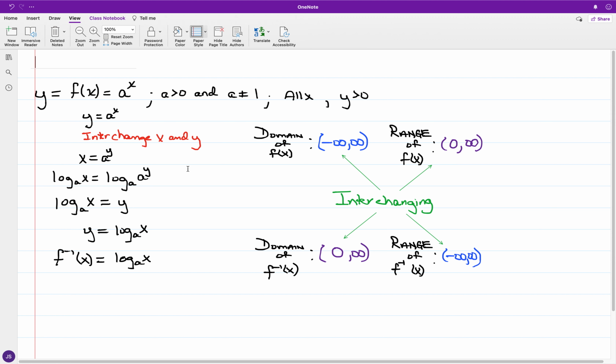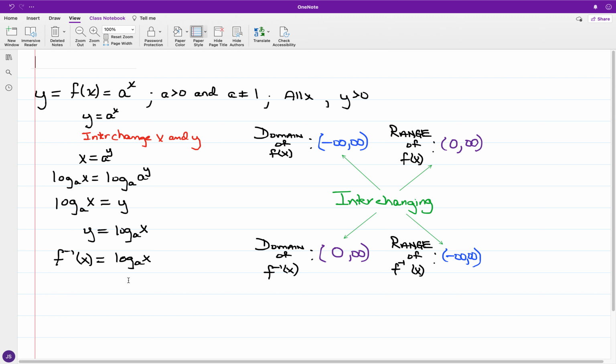Converting to y, you take care of exponential bases by applying logarithms in the matching base. In this case, we have a base a logarithm on both sides, and this leads ultimately to y is equal to the inverse of f of x, which is the base a logarithm of x.